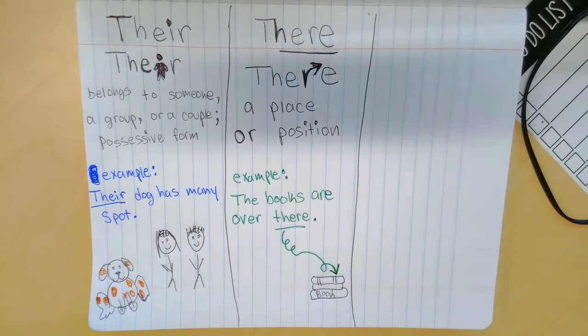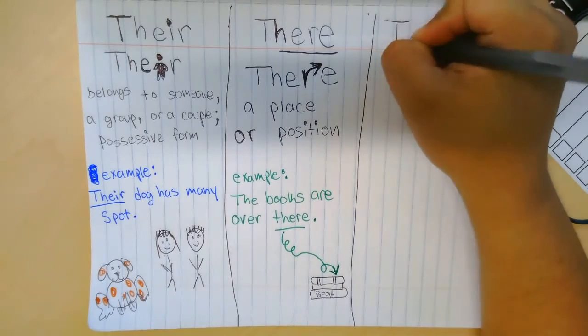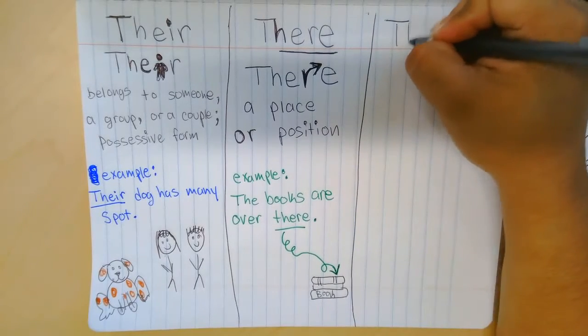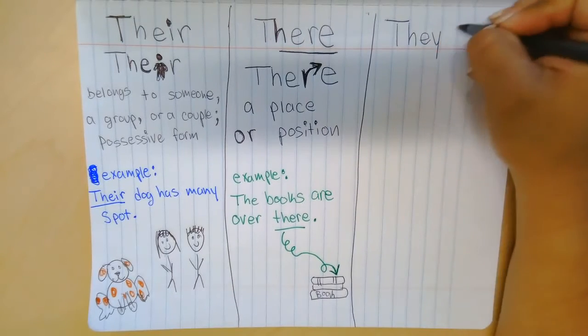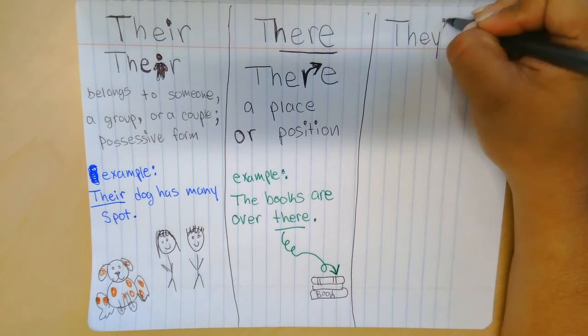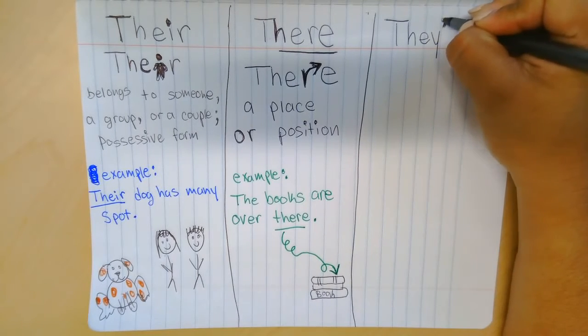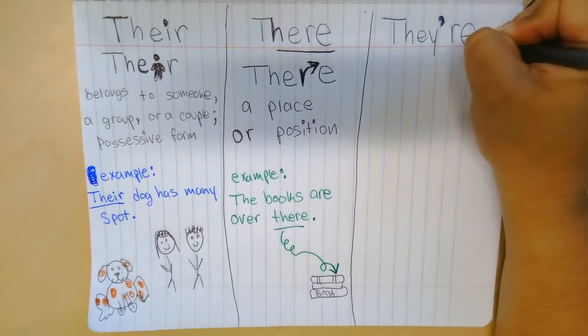Okay? And then the last version of there is, the correct way to spell it when you're writing it or when you see it this way, it's they, apostrophe, okay, R-E.